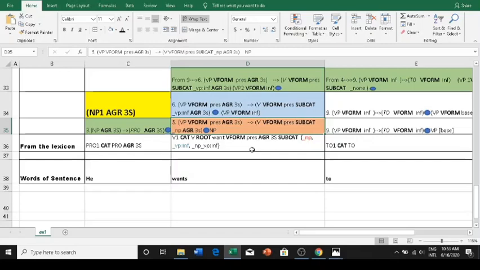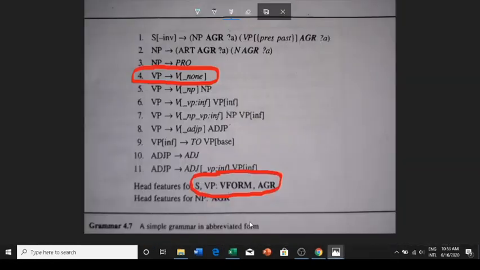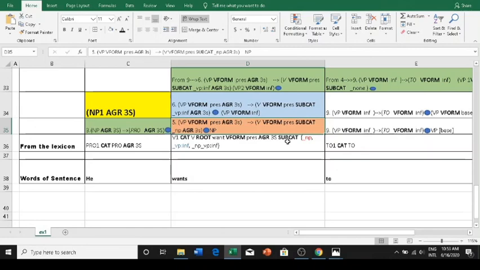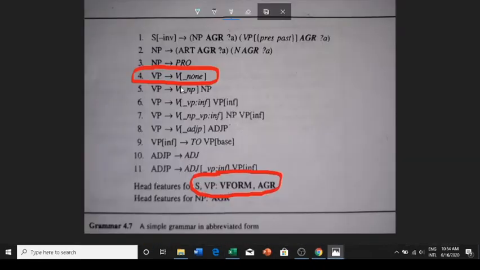But the problem is we can't match this rule. Why? Because there is a subcategorization restriction for once, right? It can take either NP, or VP infinitive, or NP VP infinitive. So definitely we can't take rule number 4.